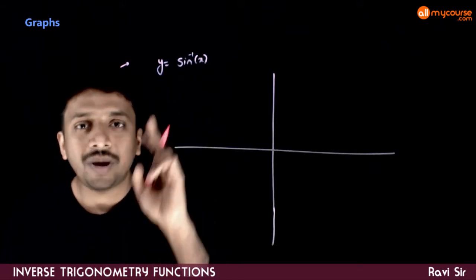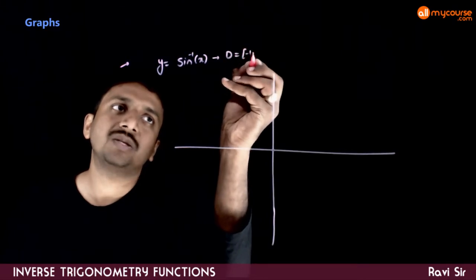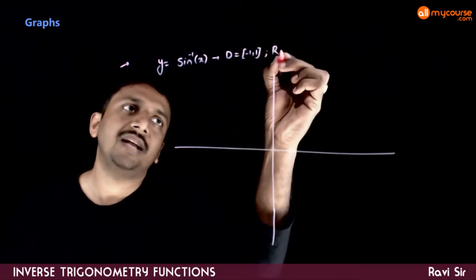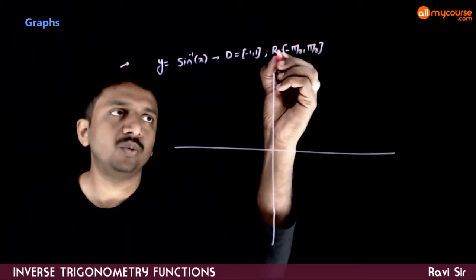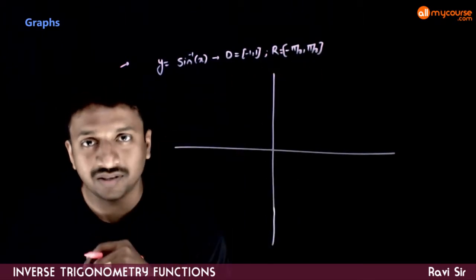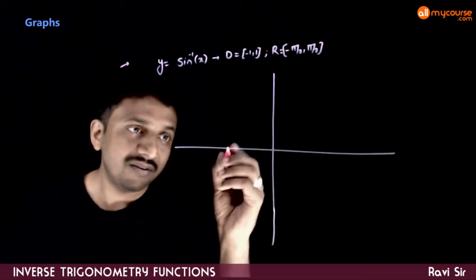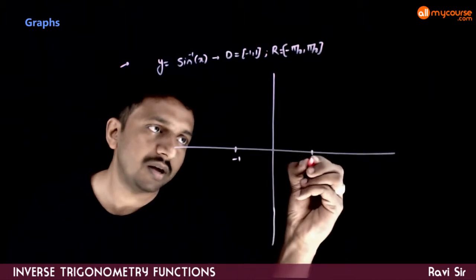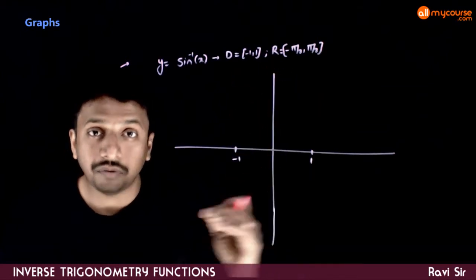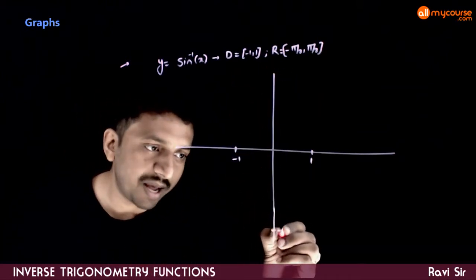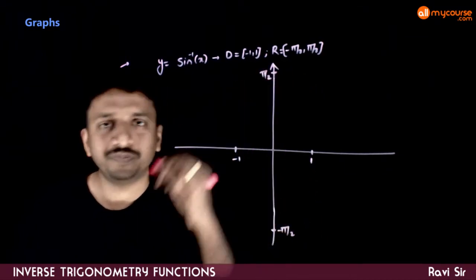First, what is the domain and range of sine inverse? The domain is -1 to 1 and the range is -π/2 to π/2, right? You have already remembered this. That means the graph extends along the x-axis from -1 to +1, and along the y-axis from -π/2 to +π/2.